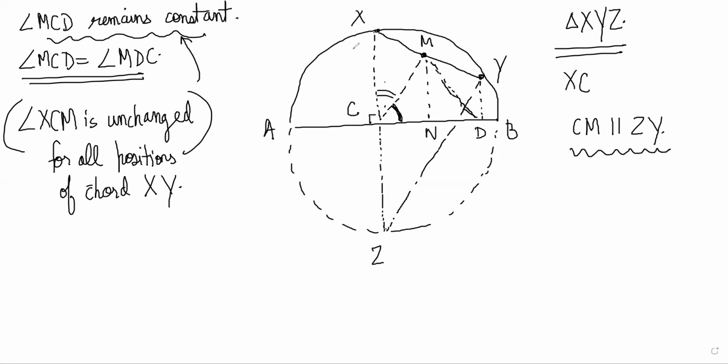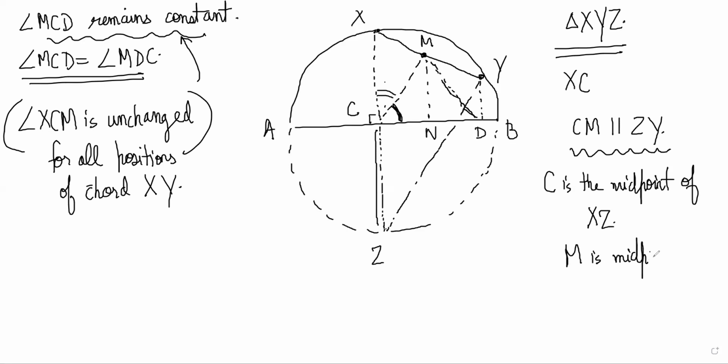You will realize that this is like the radius, and this is like the other radius. So C is the midpoint of XZ. And similarly, we already know M is the midpoint of XY, right?